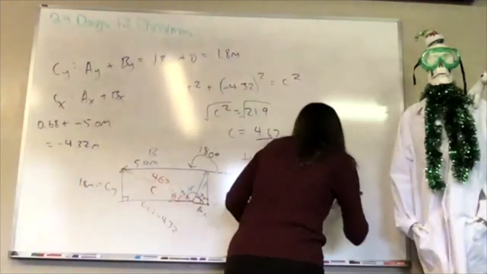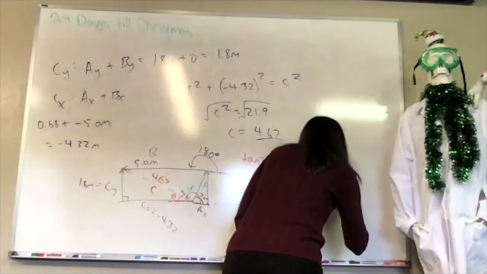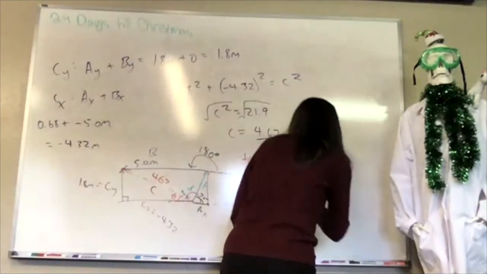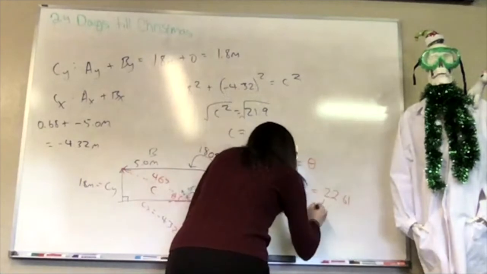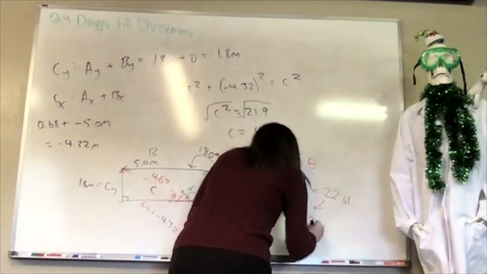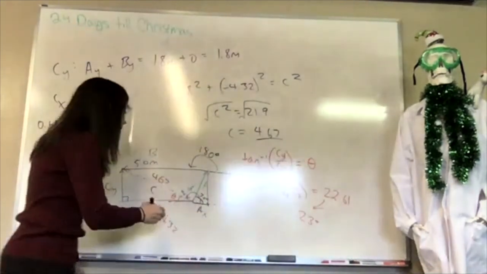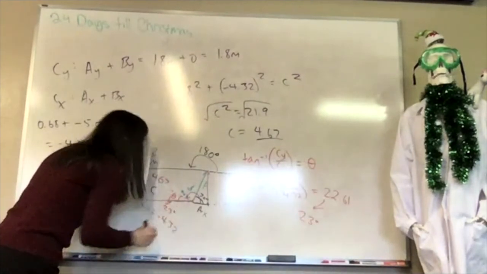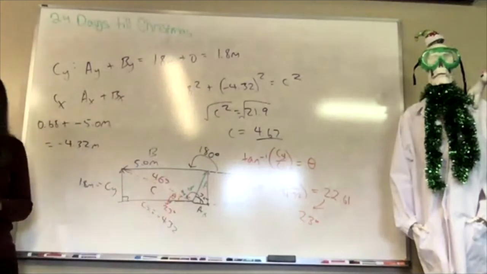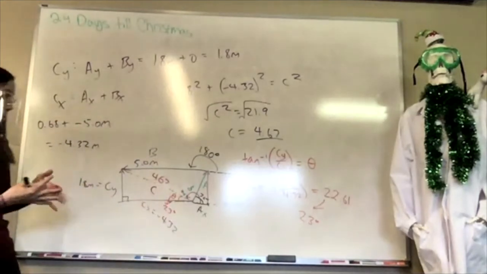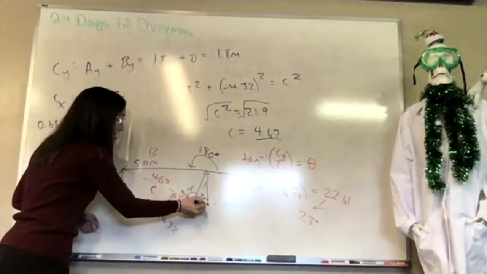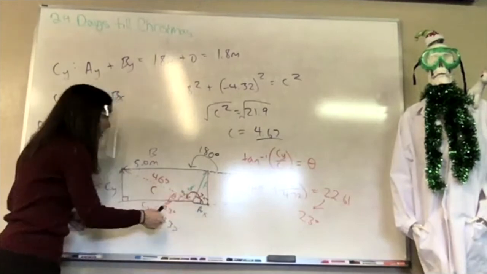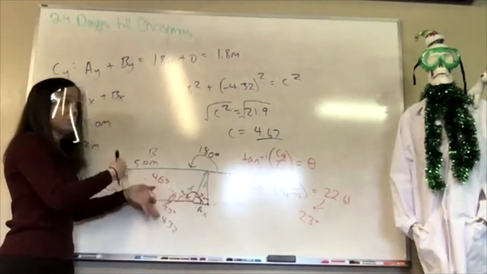22.61. And with sig figs, we only have 2 there, so we do 23 degrees. Okay, so that gives you this angle right here, 23 degrees. But that's not the angle that we actually want, because we want to define angles from the x-axis over. So the real angle that we want would be 180 minus 23.